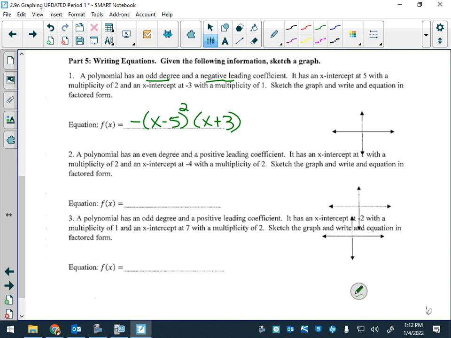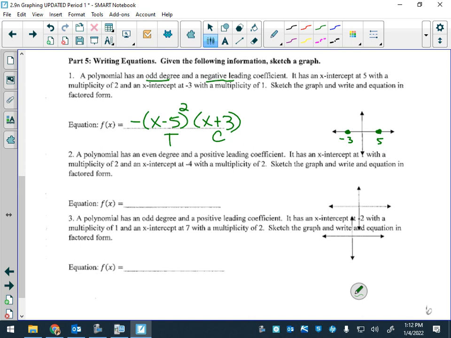So when we graph these, and again, rough sketch, at negative 3, what's happening? Touch or cross? Rosanna? Cross. At 5, what's happening? Danielle? Touch. And it's negative and it's odd.